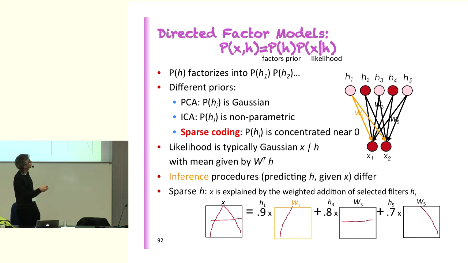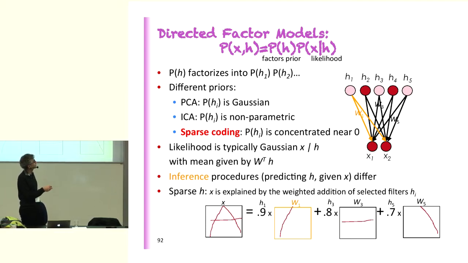So in many of these models, the so-called factor models or directed factor models, the P of H, the prior, is factorized, meaning that we assume that each of the factors H1, H2, and so on are independent, at least on their marginal distribution. So P of H is P of H1 times P of H2, and so on. In PCA, those factors are Gaussian. In ICA, they're not. They're non-parametric.